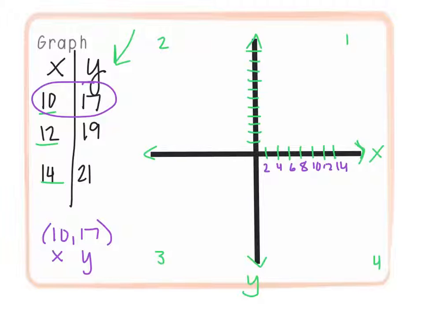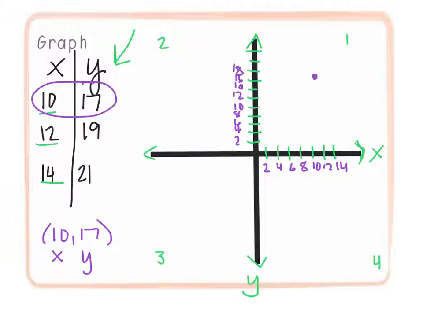So I'm at 10 and I need to go up to 17. So 2, 4, 6, 8, 10, 12, 14, 16, 18. Oh, so I see my 17 isn't going to be on a tick mark, so it's going to be in between the 16 and the 18. Okay, so that's that point.